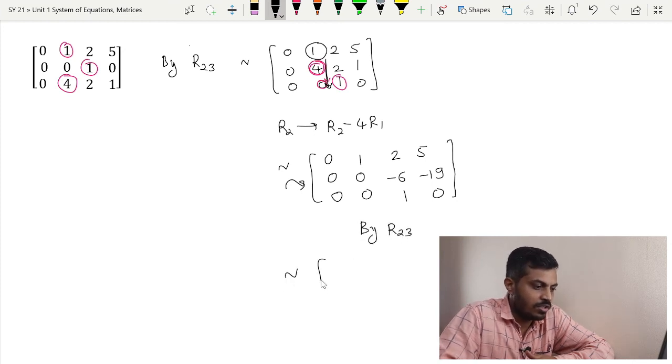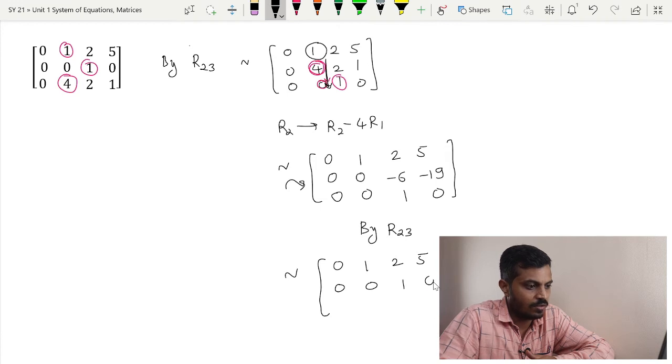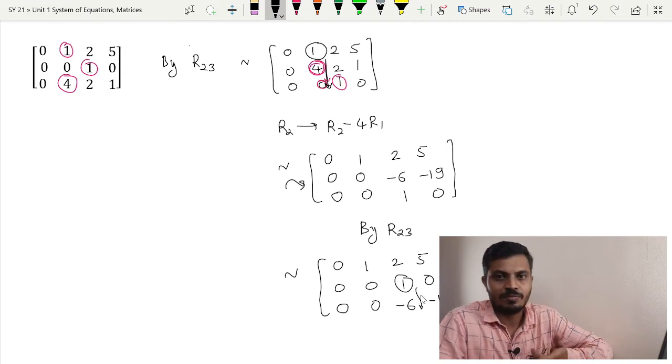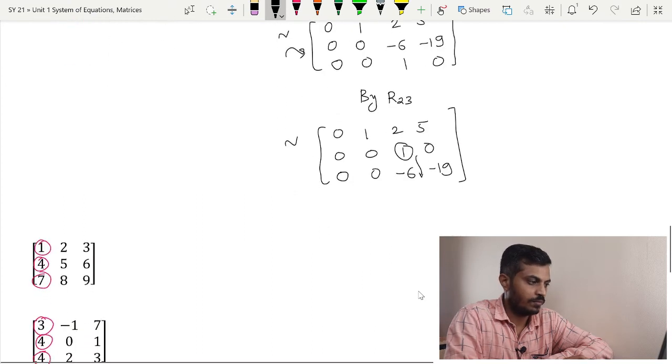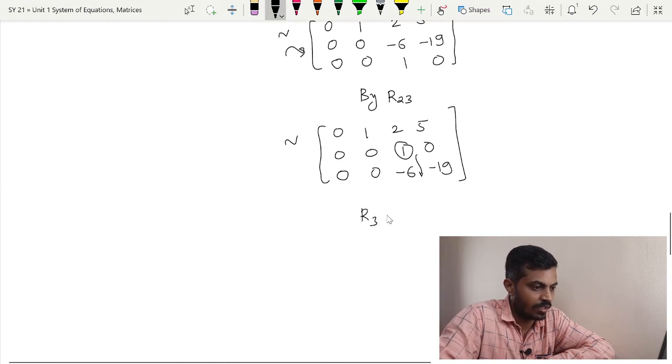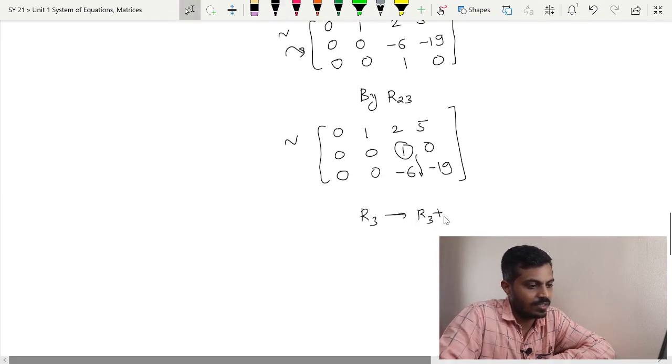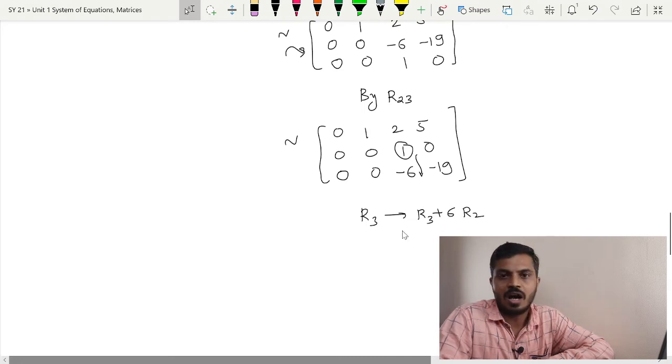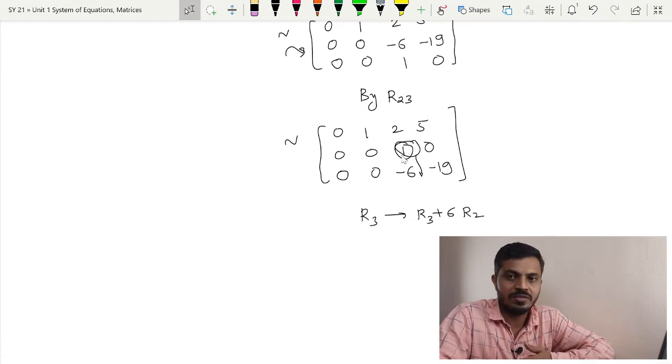After interchanging, what I will get is 0 1 2 5, 0 0 1 0, 0 0 minus 6 minus 19. Now I will try to make all the entries below this 1 to be 0, and the operation that I will perform is R3 plus 6 times R2, because we have to use this one, right?